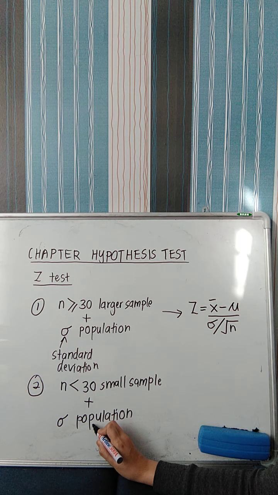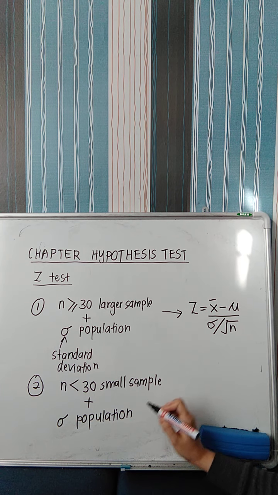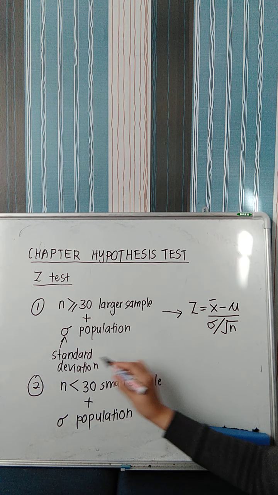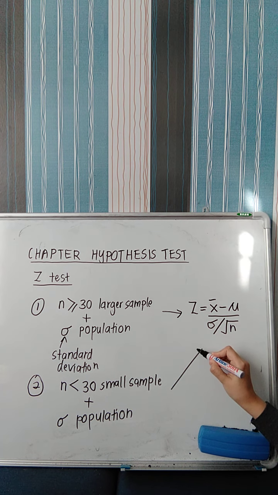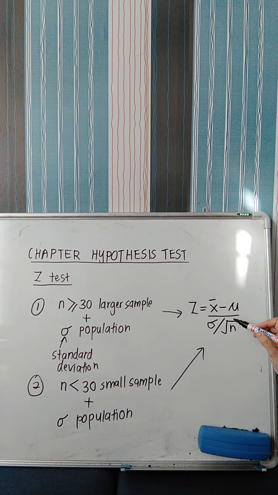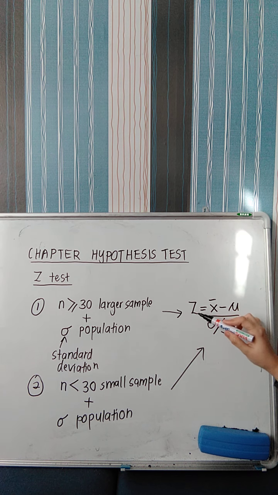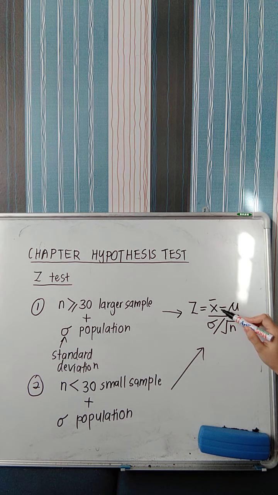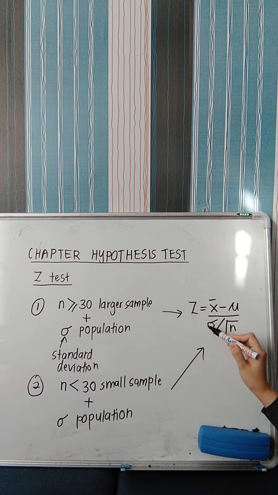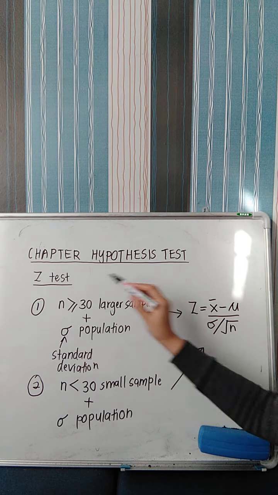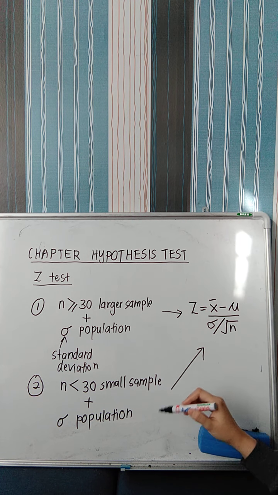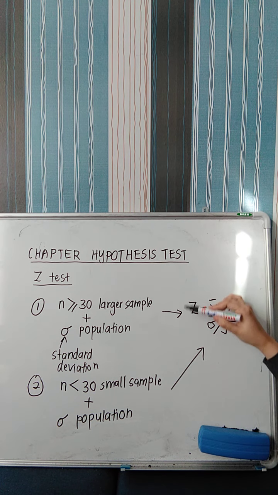So for this second condition, you also use the test statistic Z equal to X bar minus mu divided by standard deviation over square root n. This is the test statistic for two conditions.